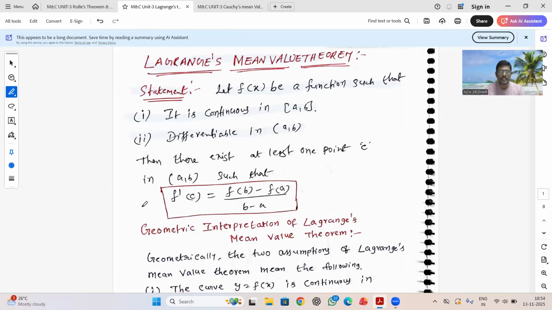The basic difference between Rolle's theorem and Lagrange's theorem is the third condition. There is no need of the third condition in Lagrange's theorem.